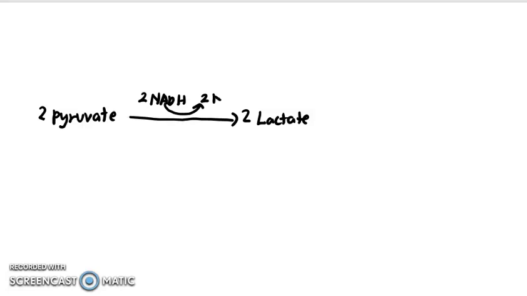It will be oxidized into NAD+. So the difference between lactic acid fermentation and alcohol fermentation: for alcohol fermentation, pyruvate will undergo decarboxylation to form acetaldehyde. But for lactic acid fermentation, pyruvate does not undergo decarboxylation, but will be directly reduced into lactate by NADH. So what happened to NADH? It will be oxidized to NAD+.